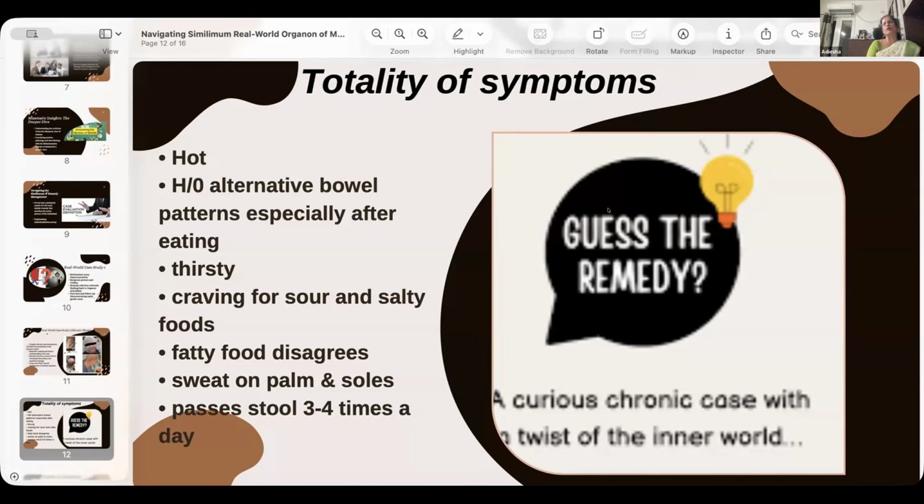He has a craving for sour and salty foods. He especially craves non-veg, most probably fish rather than meat. Fatty foods always disagree. That's why he always tries to avoid meat as well as chicken.